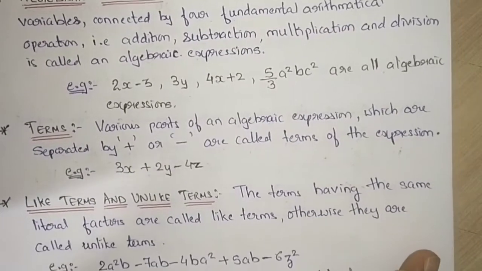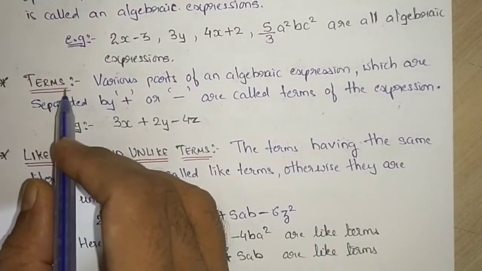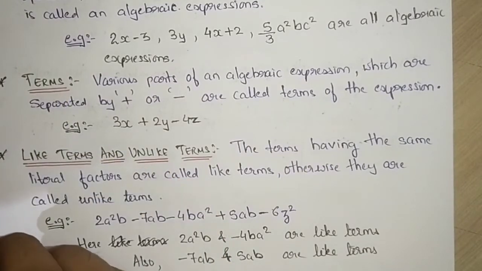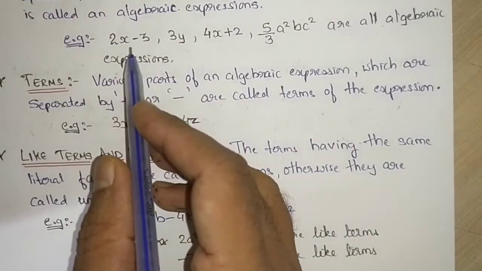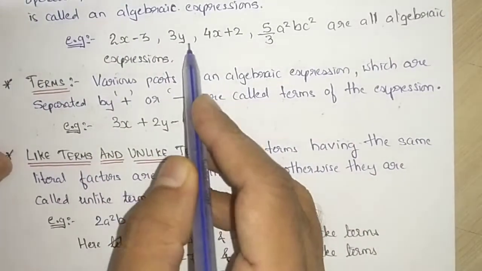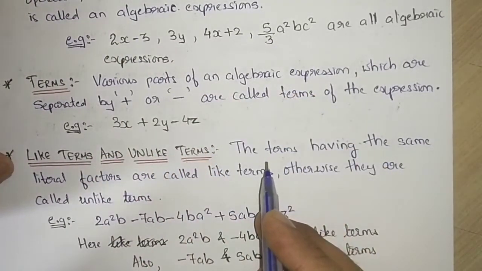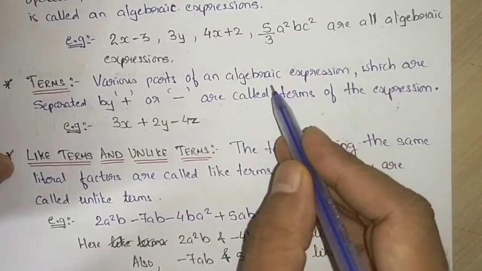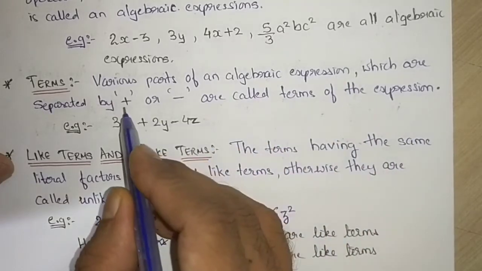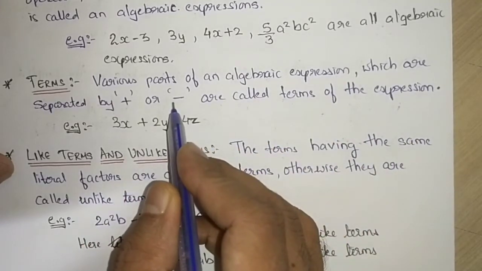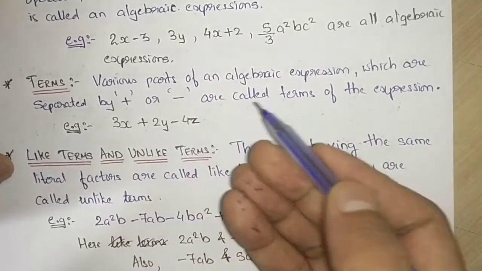Now moving to the next part. What are terms? Students, we have learnt that these are algebraic expressions, right? So the various parts of that algebraic expression which are separated by either plus or minus are called terms.